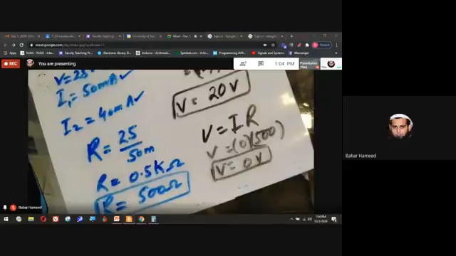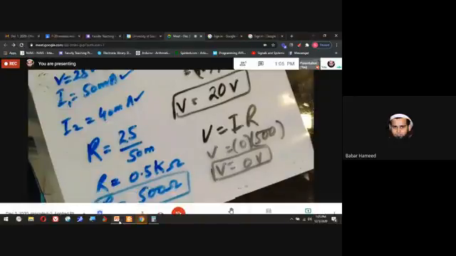So next thing, inverse relationship between current and resistance. As we have seen, current varies inversely with resistance as expressed by Ohm's law, as we can see in the slide.